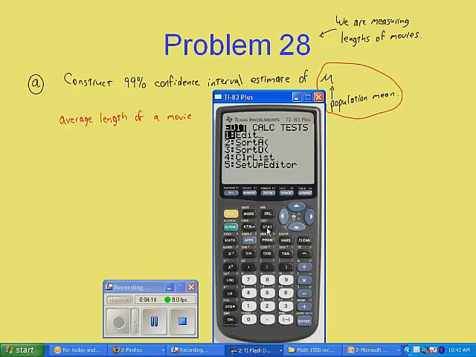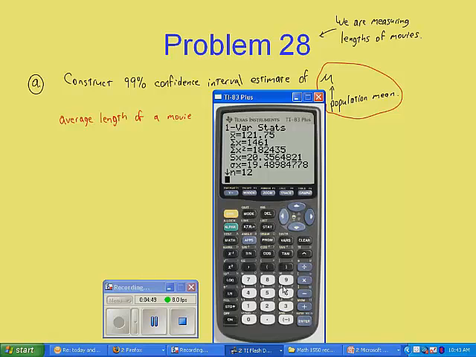Hit the stat button, but instead of hitting edit, if I move one to the right, it goes to calculate. And I want to calculate my one variable statistics for everything in list 1. So I'm going to type one variable statistics, and then I'm going to hit second 1, and that tells it list 1. Now, if you don't type it, I think it does list 1 automatically anyway. But let me press enter, and it gives me all kinds of stuff that I might be interested in.